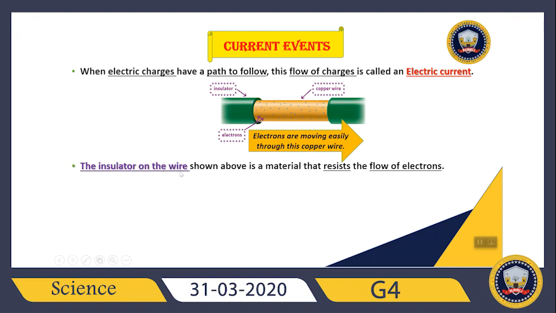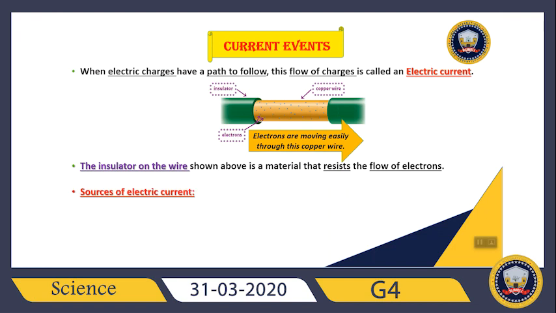So this insulator on the wire is a material that resists the flow of electrons, so the electrons do not go out of the wire, harming us by electric shock or causing an electric fire. So it is a safety means for us, and its job is like that.